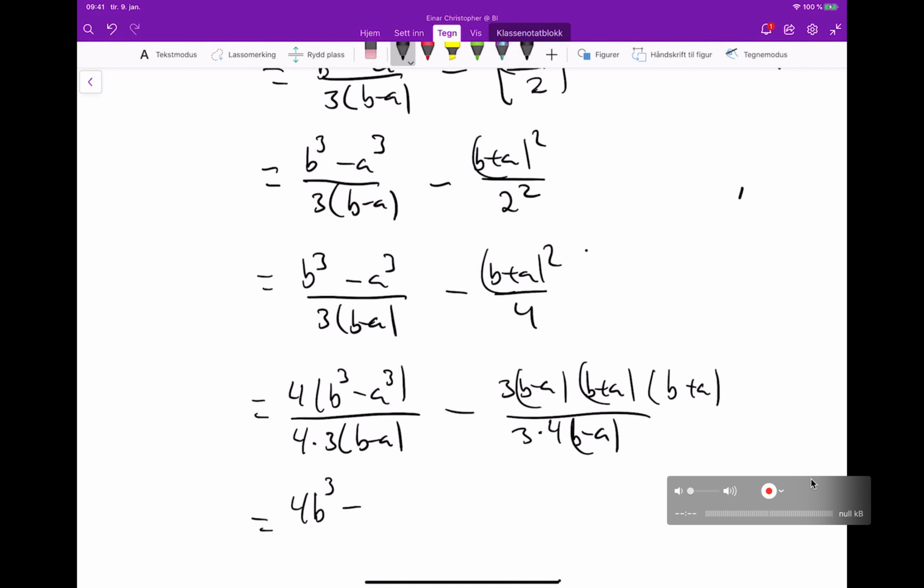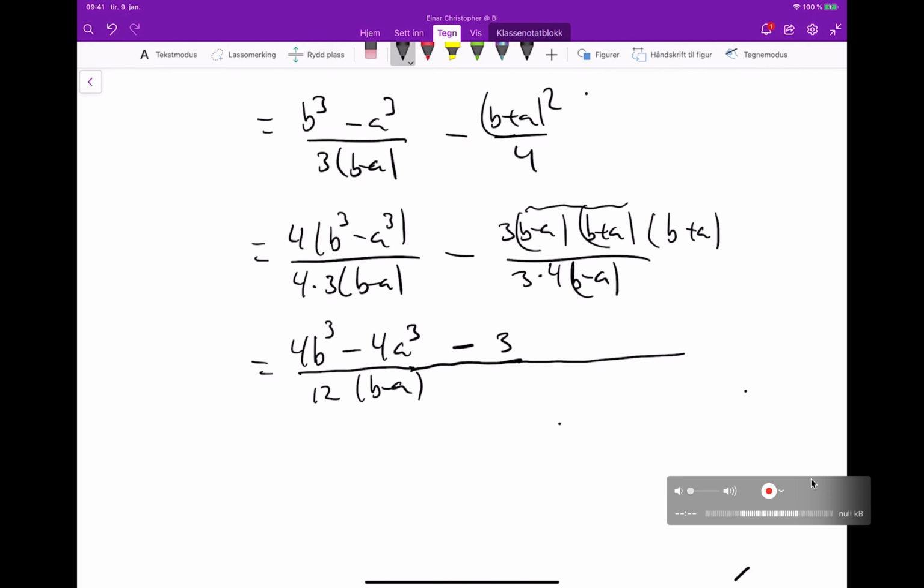I let this 3 just stand there, and I get, we can do it like this, minus 3, and then I take these two together. That is the third conjugate sentence. So this is b in the power of 2 minus a in the power of 2 times b plus a.